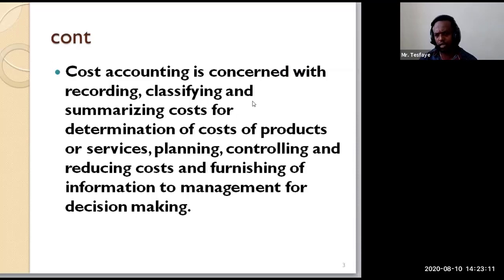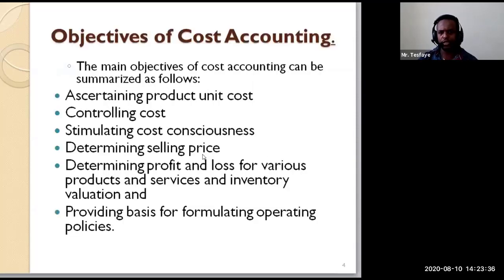So cost accounting, as you can see from this definition, it's concerned with recording, classifying, summarizing, determining cost of our products, planning, controlling is also included under this cost accounting. So the next is objectives of cost accounting.